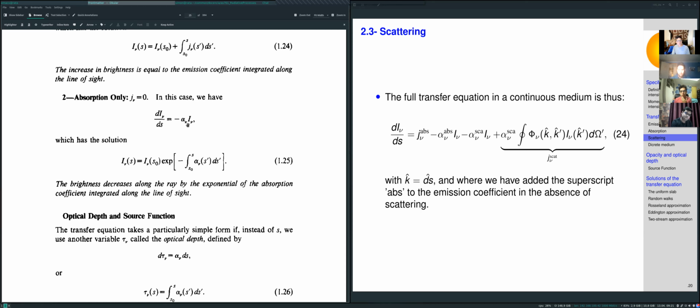For instance, when we solve radiative transfer for lines, this absorption coefficient could depend on stimulated emission, and it could often be negative and depend on the amount of radiation impinging on the target. So alpha nu itself could depend on I nu as well, as is the case for lines.